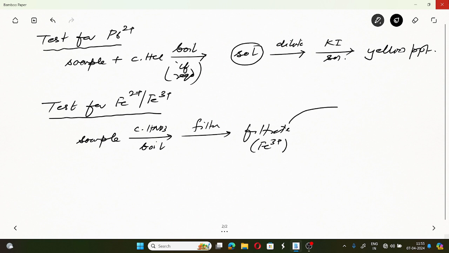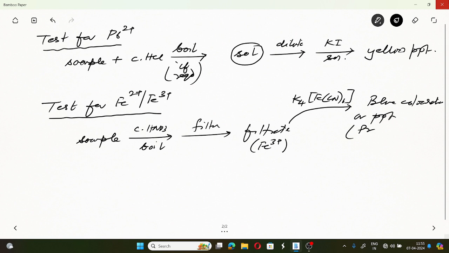One, you can add potassium ferrocyanide solution, K4[Fe(CN)6]. Now if you add potassium ferrocyanide, you'll get Prussian blue, a blue coloration or precipitate.